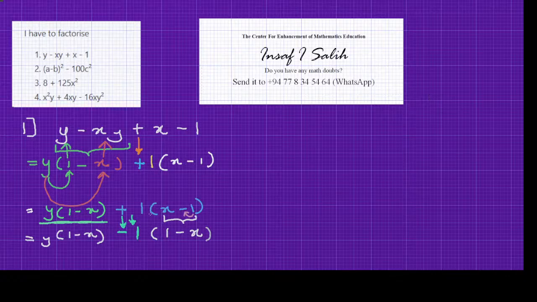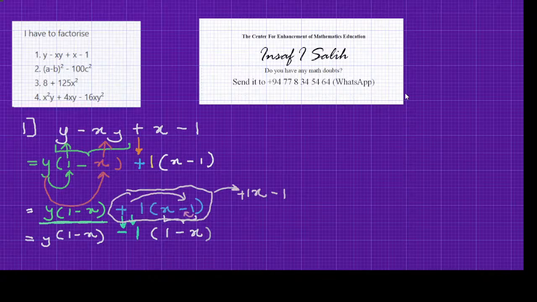To preserve the meaning, because in the previous step, when we expand the brackets, what do we get? Plus 1 times x is plus 1x, and plus 1 times minus 1 is, plus into minus is minus, 1 times 1 is 1.